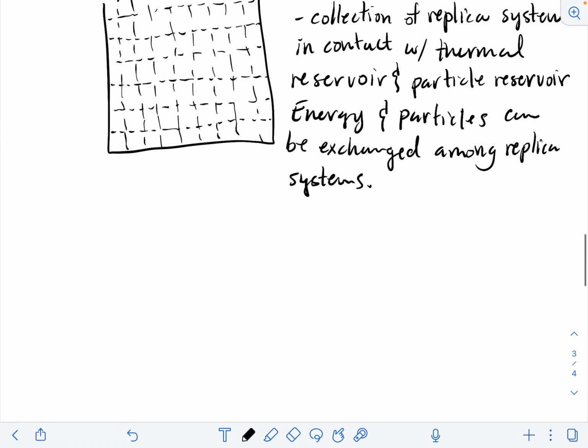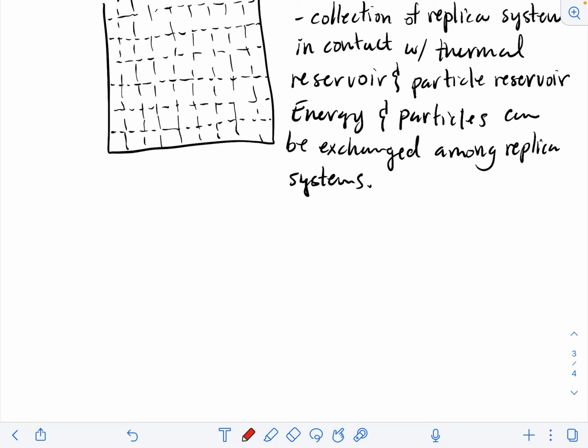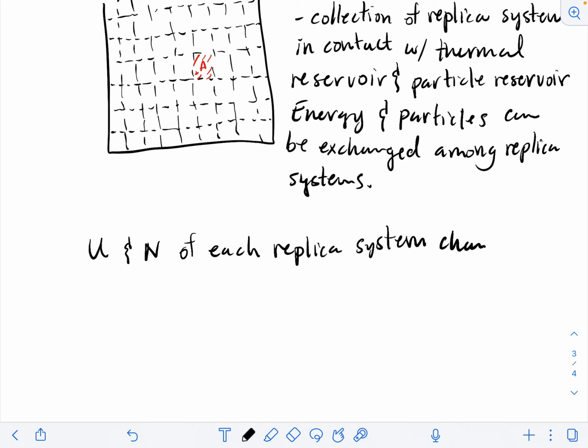Okay, so in the grand canonical ensemble, if we take a particular system, say system A, the energy and particle number of each replica system can change.